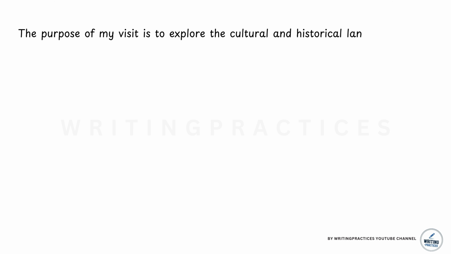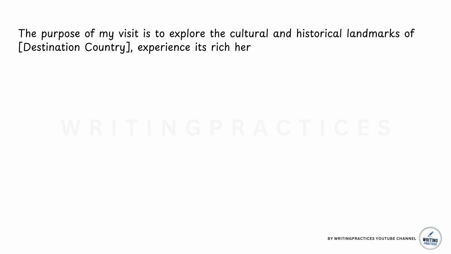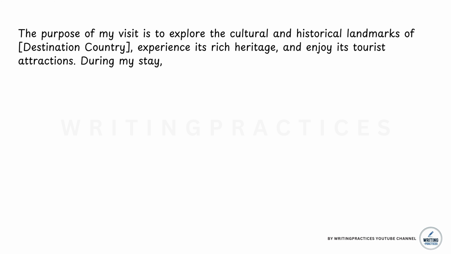Purpose of visit, explaining why you're traveling. In the next paragraph, explain why you are visiting the country and what you plan to do during your stay. Mention key attractions or cultural experiences you intend to explore. For example, the purpose of my visit is to explore the cultural and historical landmarks of France, experience its rich heritage, and enjoy its world-famous tourist attractions.